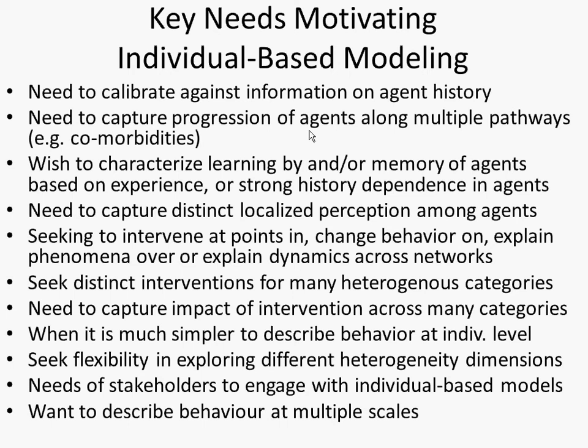Within an aggregate model, these things can be represented, but they're often represented in a horizontal way that mushes them all into the same basic level of the model, which is often confusing. Within an agent-based model or an individual-based model, a more general category, you can capture those levels of context in a very natural way because they mirror the nesting you see in the world.